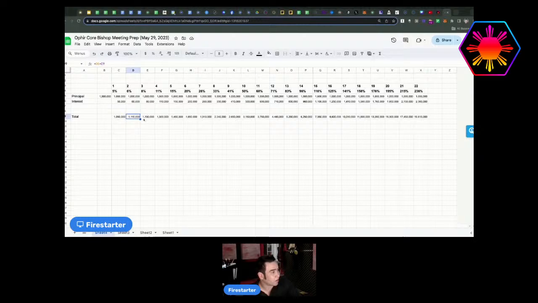By the third year, you would have 1,190,000. So on and so forth, all the way up until the very last year, where your 1 million Ophir would turn into over 19 million Ophir.